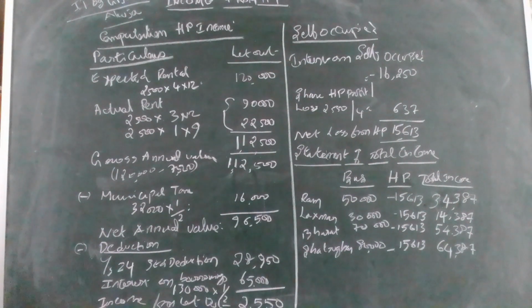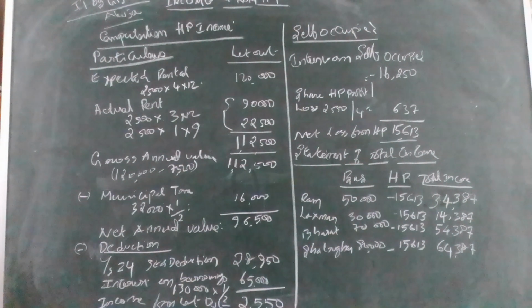From that we have to deduct standard deduction under section 24, that is 30%. That is NAV into 30% we have to calculate. Then another one is interest on borrowing. The total amount of interest on borrowing is given as 1,30,000. Again we have to check, 50% is let out, 50% is self occupied.